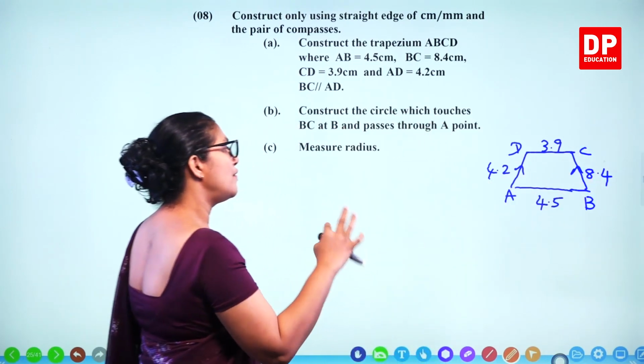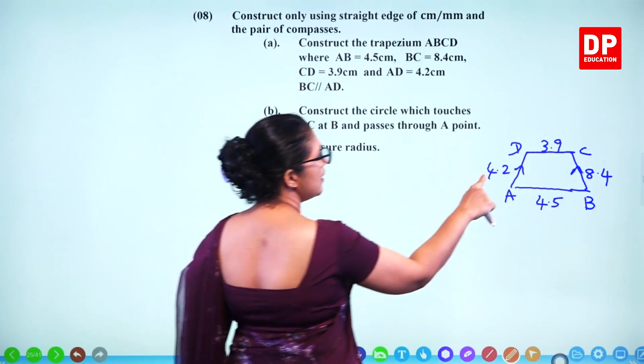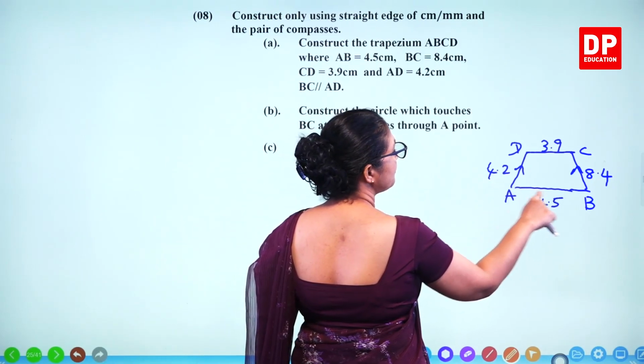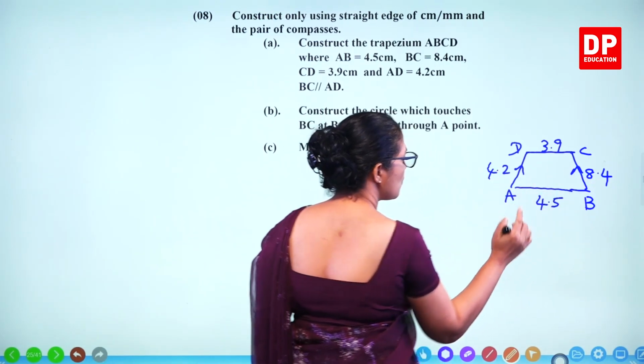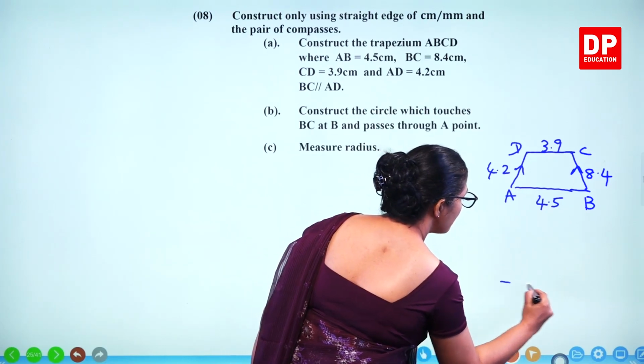So we'll do it the other way around. So here look carefully. This is double of this. So we'll draw this one.